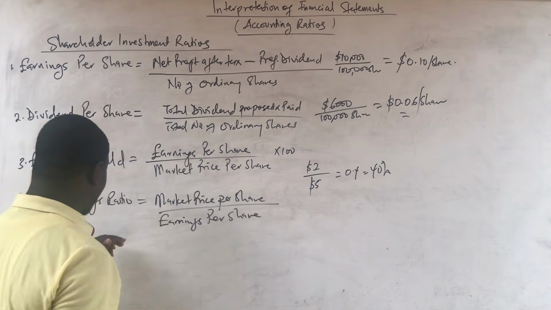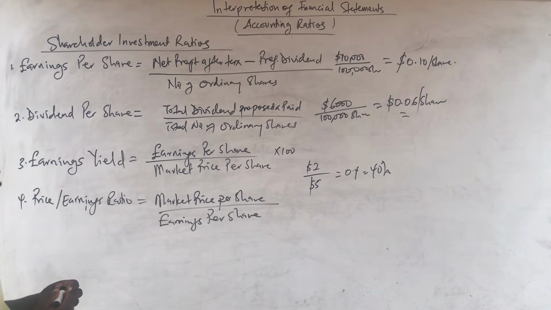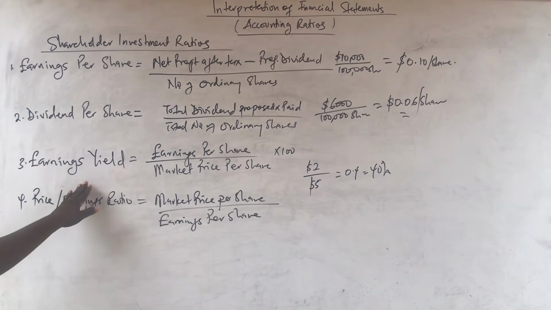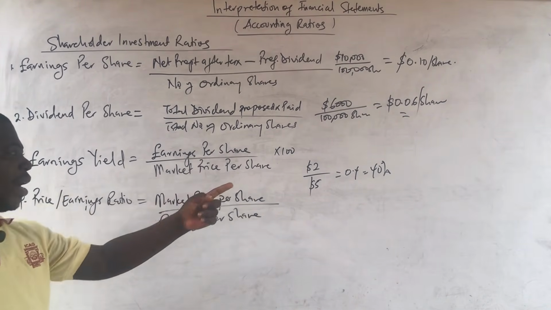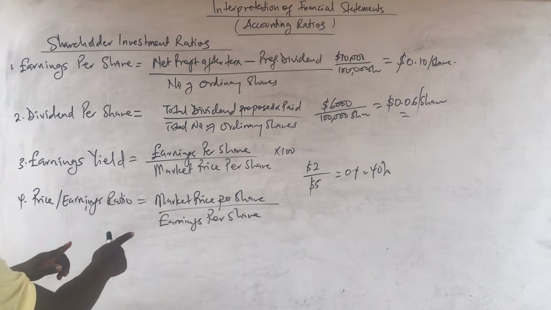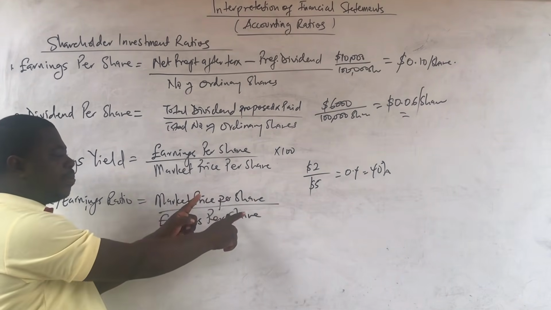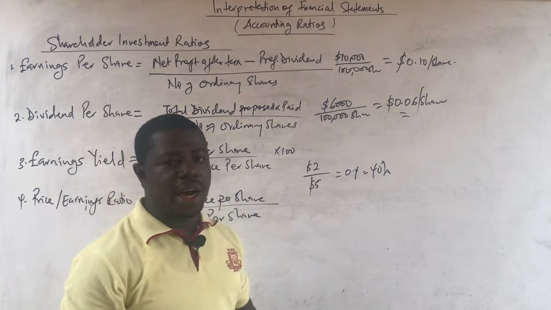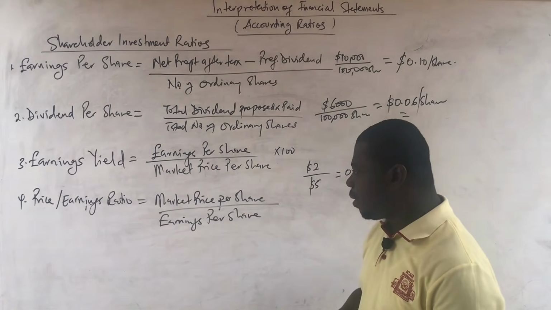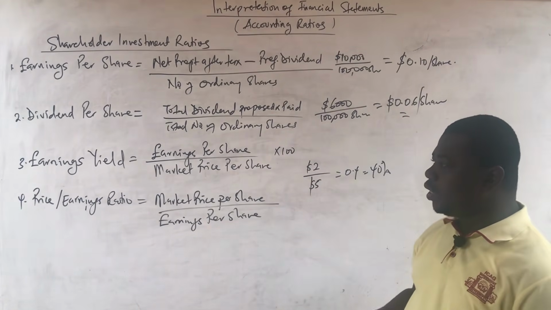That is why I brought it just exactly after that, so that you will not be confused. The earnings yield is earnings per share over market price per share, but the price earnings ratio is the market price per share rather over the earnings per share. And it's just an opposite way.